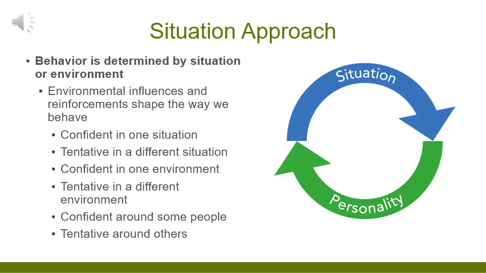We could be confident around some people and tentative around others. Can you think of a situation where you've been confident one minute and tentative the next? Or how about an environment where you've been confident one day and then tentative the next day? Or how about around certain people where you've been confident around some people and tentative around others?